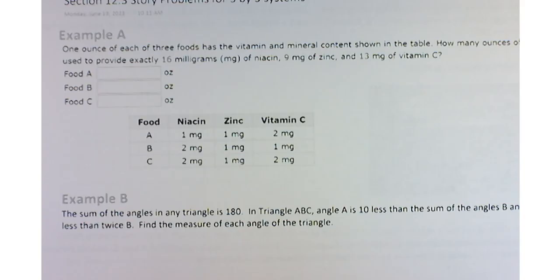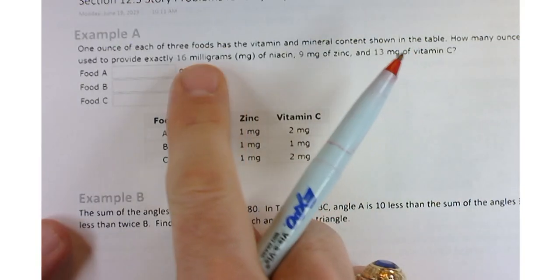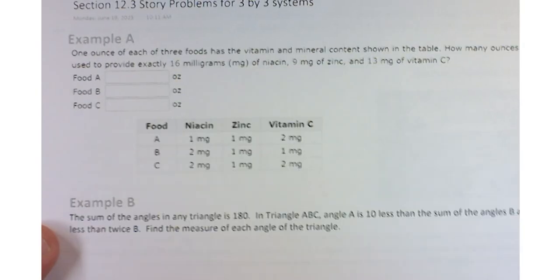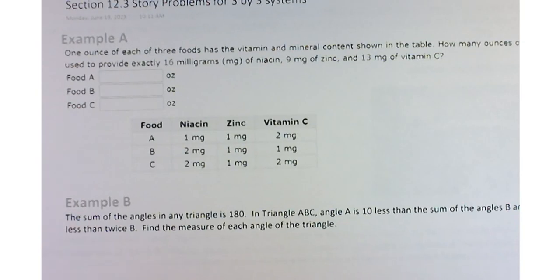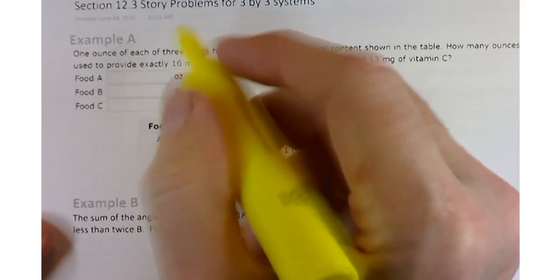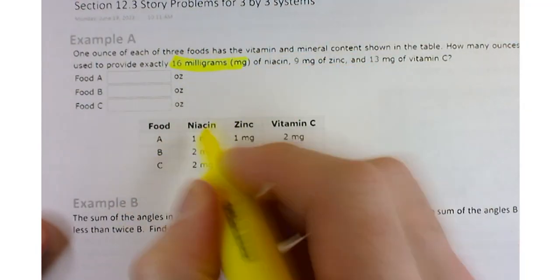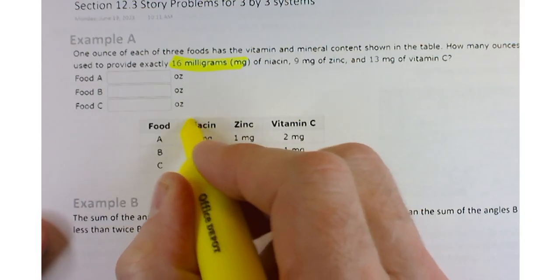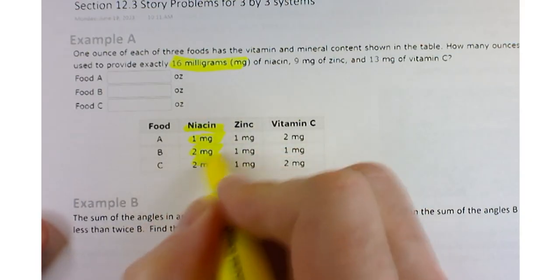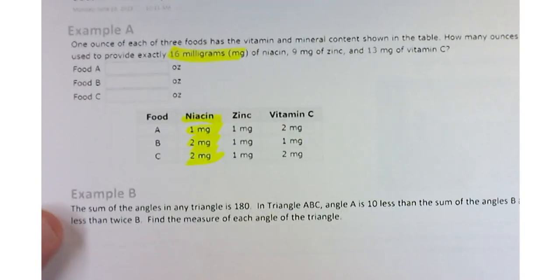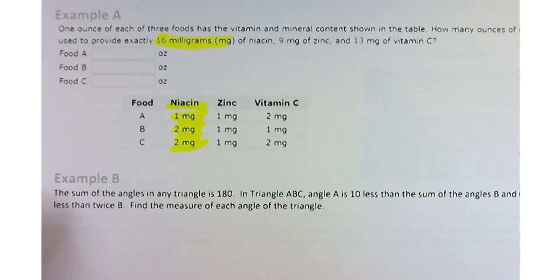So let's see. We're looking for exactly 16 milligrams of niacin. Okay, 16 milligrams of niacin. Let's highlight that for the moment. Our niacin comes from right here, and that can give us an equation.